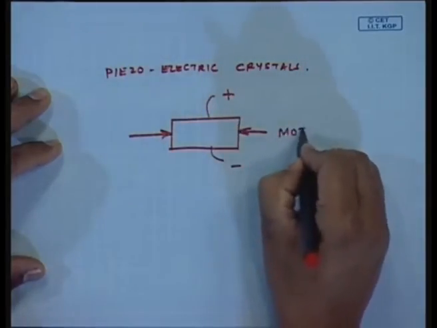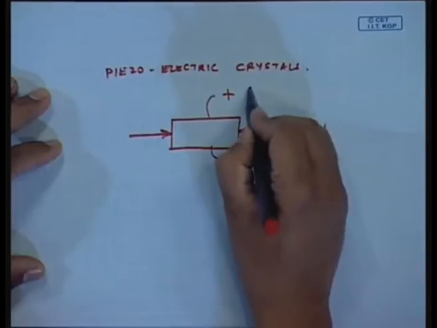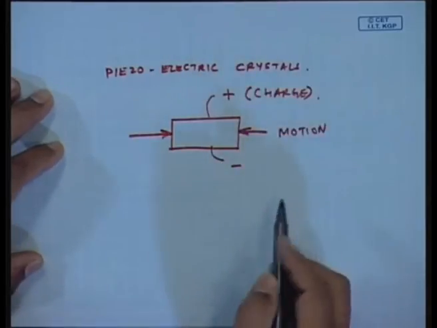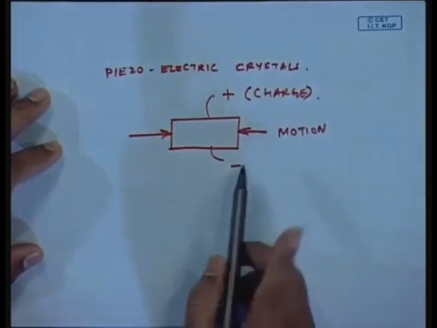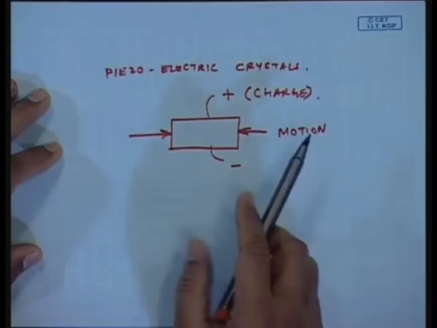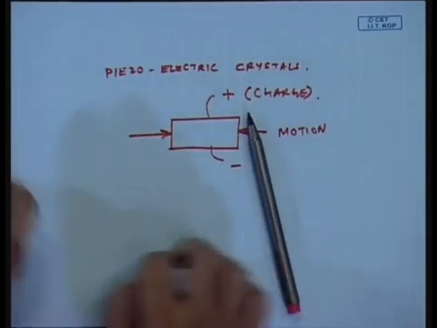I will put a generic motion charge, and it is in a particular direction. So, they give the highest amount of charge when loaded or unloaded in a particular direction. So, that is the most sensitive axis of these piezoelectric crystals. So, they are anisotropic, they have a directional feature.